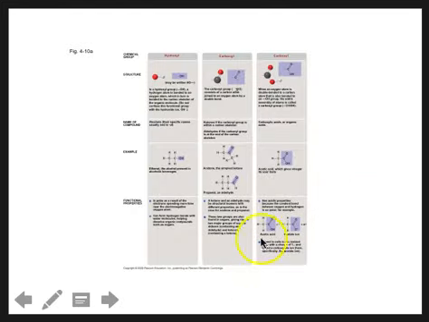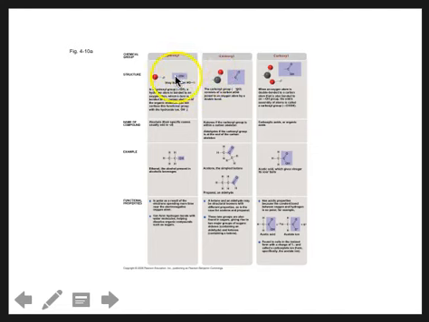So, for instance, that's kind of small. I wonder if I can blow that up. I bet I can't in the recording program. No. Okay, so over here on the far left, you have the hydroxyl group.